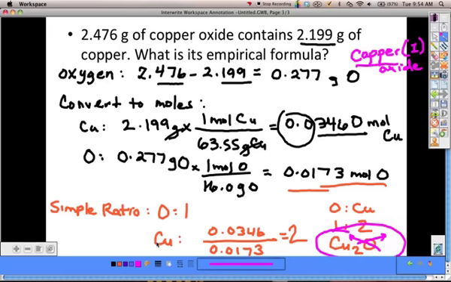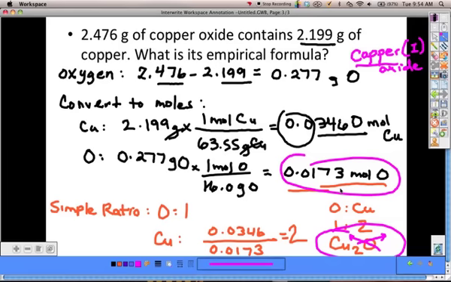Awesome. Yep. So I took each of the values, the oxygen value and the copper value, and divided by my smallest one, which was the oxygen value. So you'll always end up with one of them equaling 1. It should.